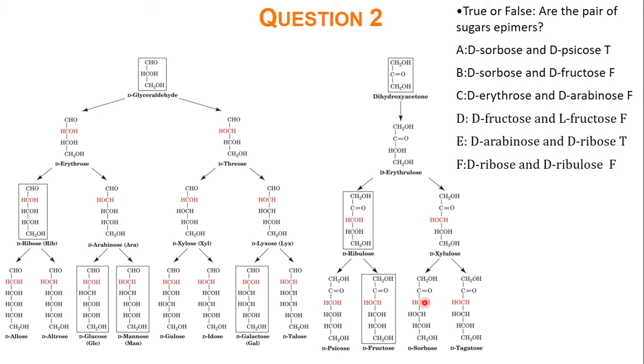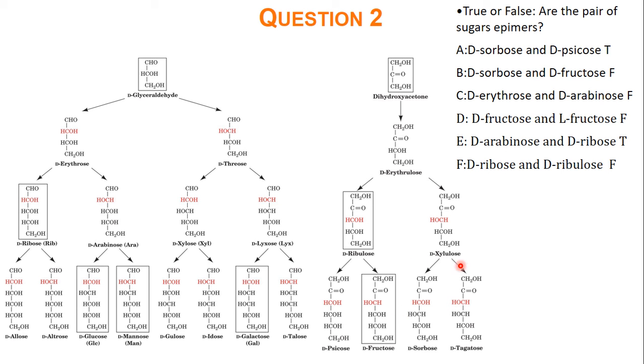The second chiral center is different. They're on different sides. The third chiral center is the same. That means that these 2 sugars are indeed epimers. Now let's look at sorbose and fructose. First chiral center, different. Second chiral center, different. So these are not epimers of each other because they are different at more than one chiral center.